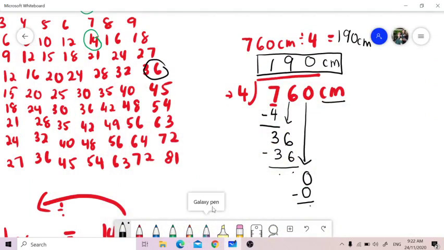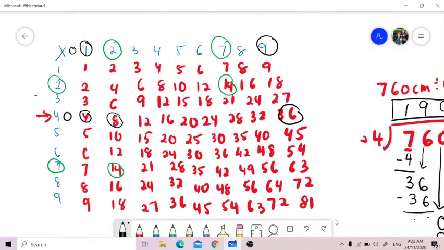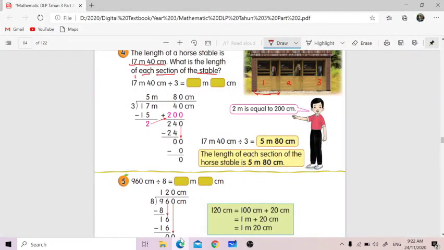Ada tak 17? Ada tak 17? Tak ada. But we know ada yang paling dekat is 15. Tak boleh ambil 18 ya, sebab 18 besar daripada 17. So, we use 15. Okay, so bila divided, kita dah dapat atas tu 5.